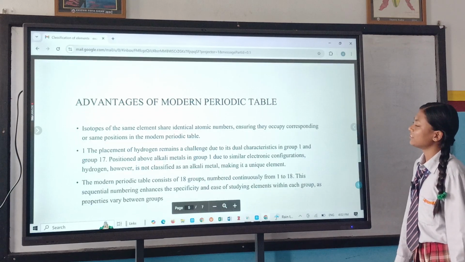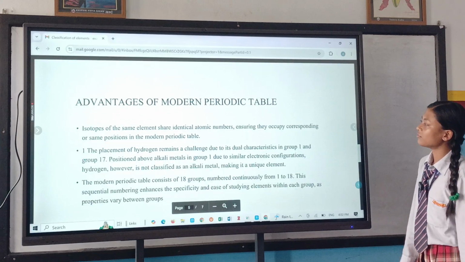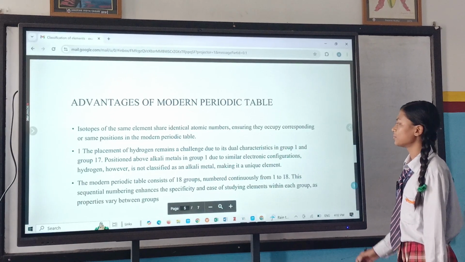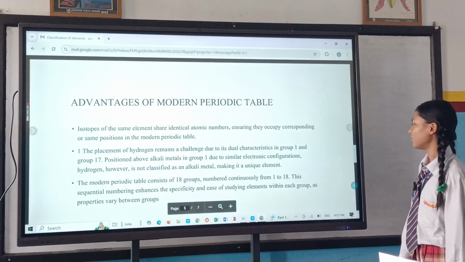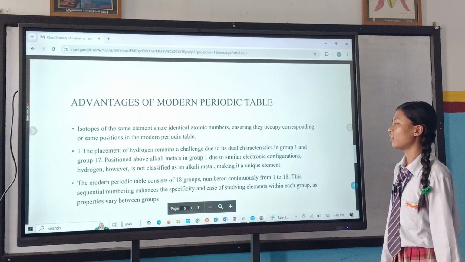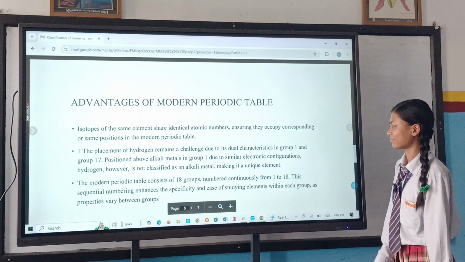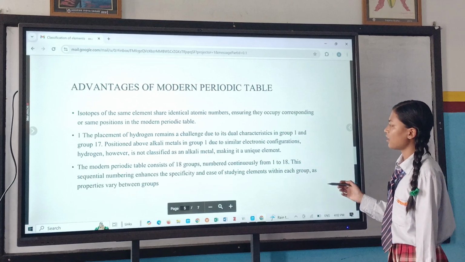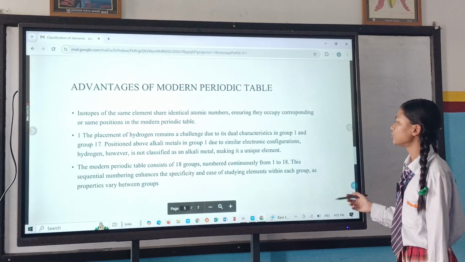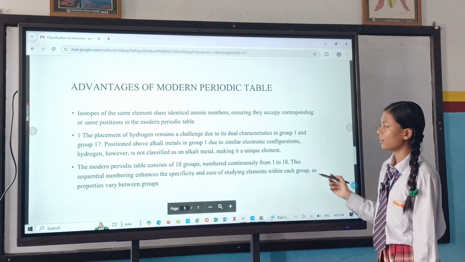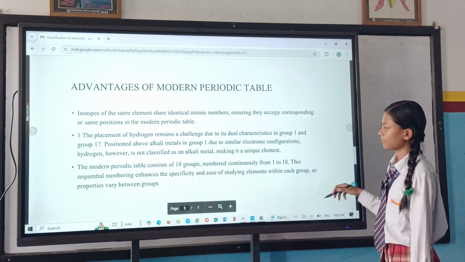Advantages of the modern periodic table. Isotopes of the same element share an identical atomic number, ensuring they occupy the same position in the modern periodic table. The placement of hydrogen remains a challenge due to its dual characteristics in group 1 and group 17.